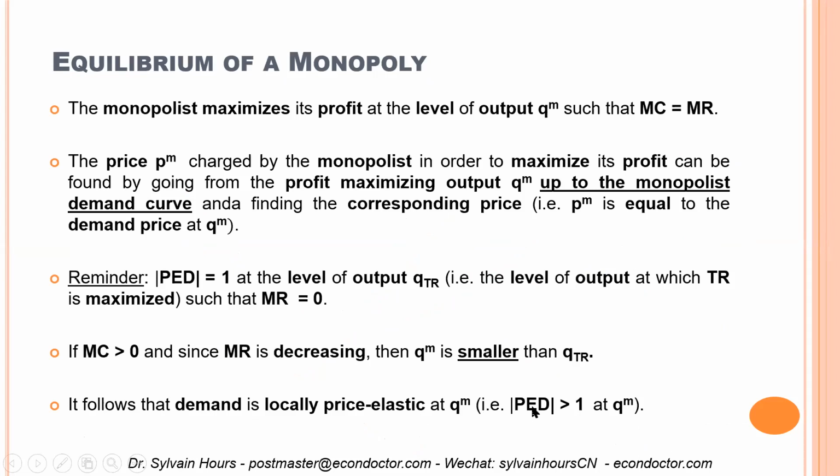The price elasticity of demand in absolute value is greater than 1 at Qm. Sometimes you have MCQs where they ask you what would happen to total revenue if we start from QM and if we increase or decrease the price. And if you want to know the answer to that question, you must remember that demand is locally price elastic at the equilibrium of a monopolist.